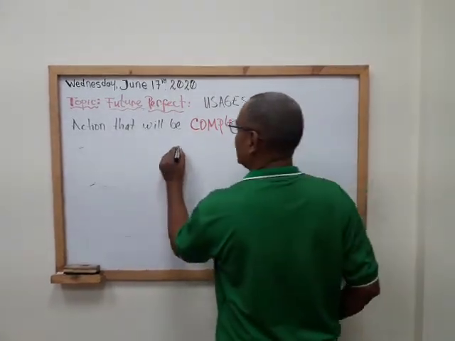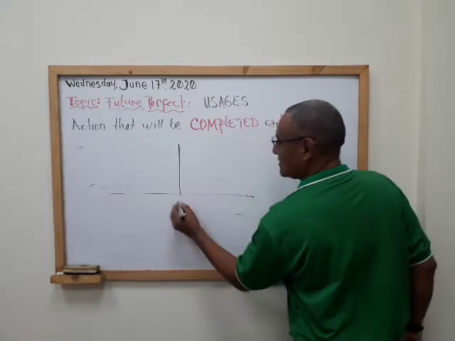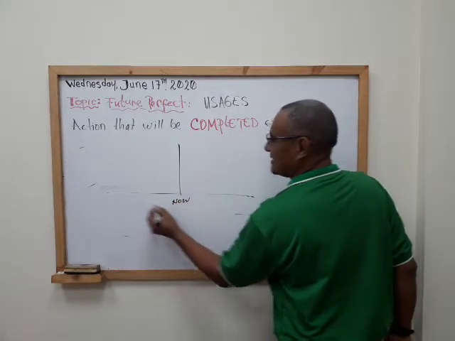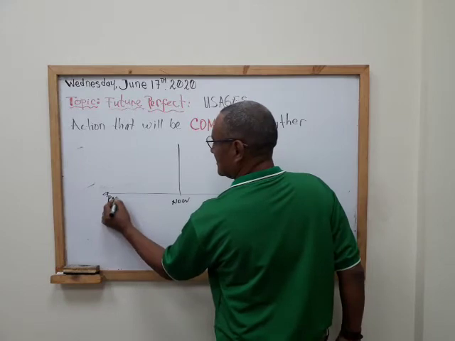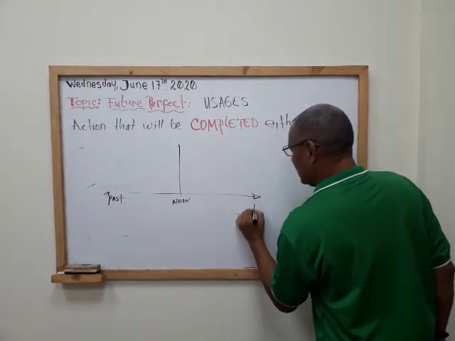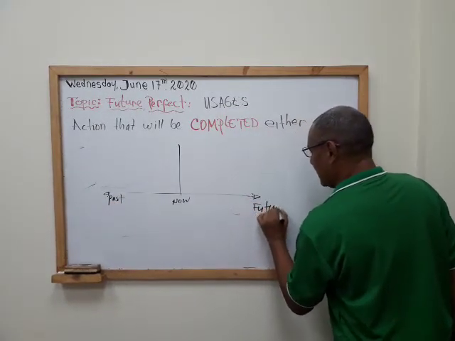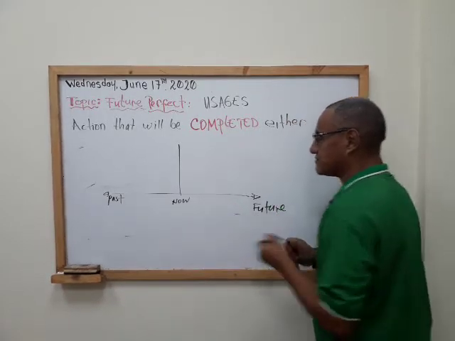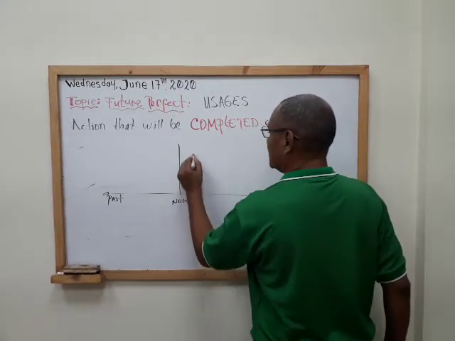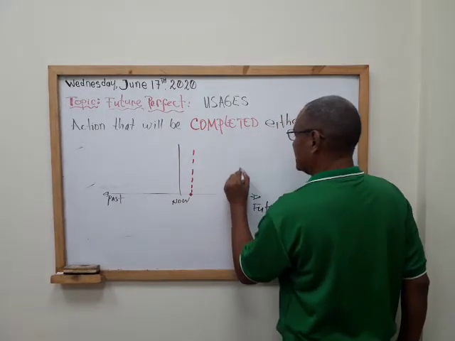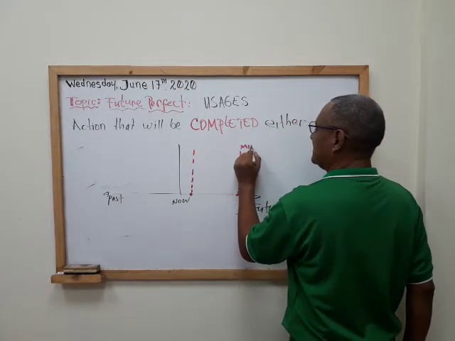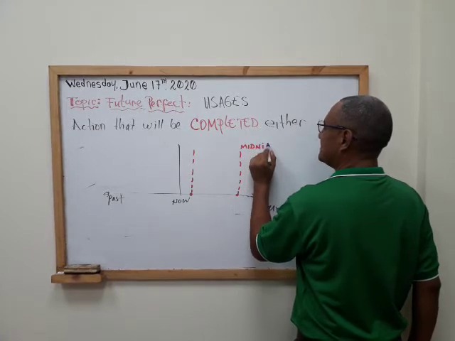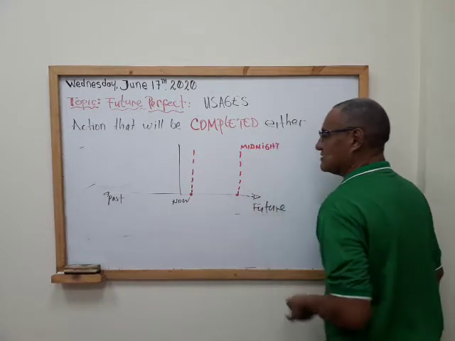Then we got here just our Cartesian plane, so it doesn't have to do anything with past but future. Alright, if we are here, then we say that this is midnight, medianoche.